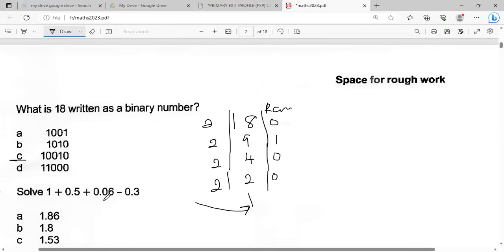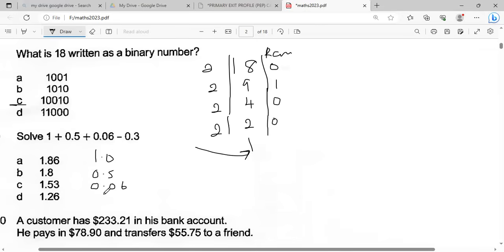What is the value of 1 plus 0.5 plus 0.6 minus 0.3? So we add first. Decimal point under decimal point, right?